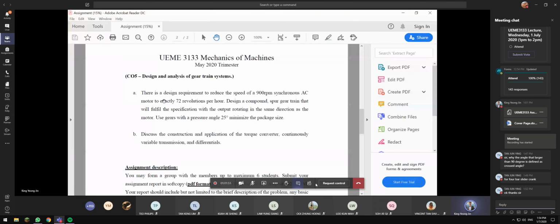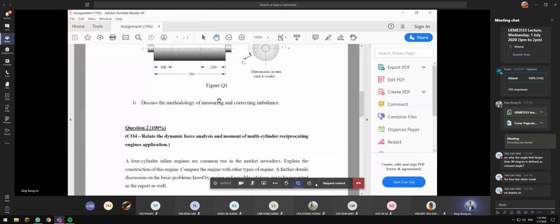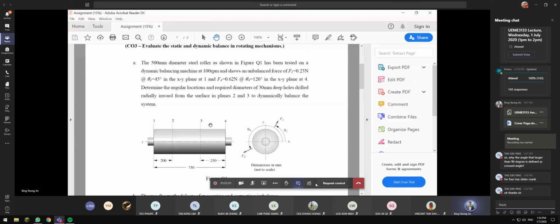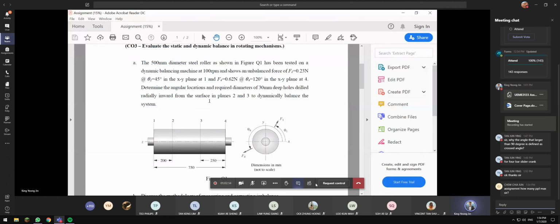That's why we will have questions on balancing. This is more straightforward, just a calculation of how we can balance this steel roller. The information is given, so you can download the lecture notes and look at how to solve it, as well as the textbooks.